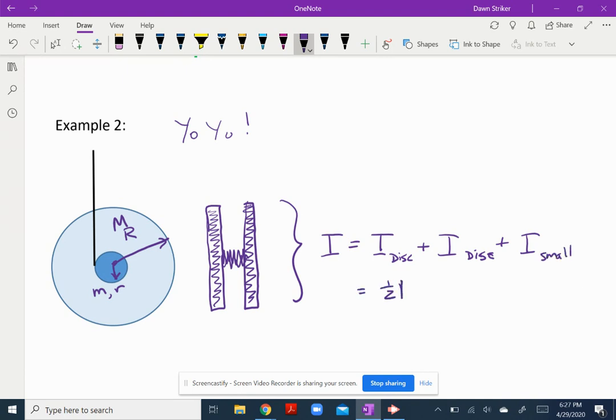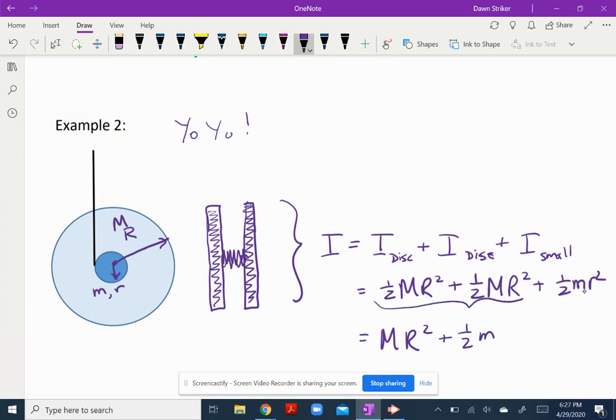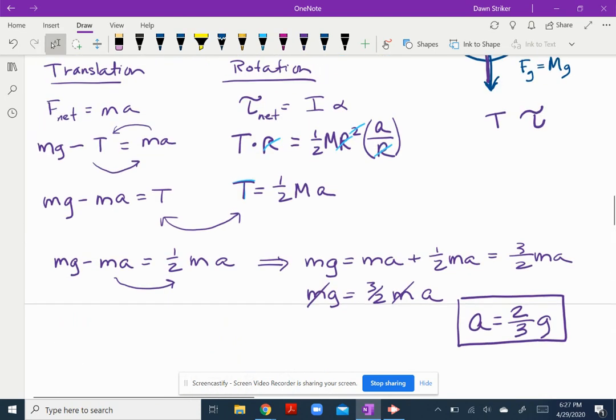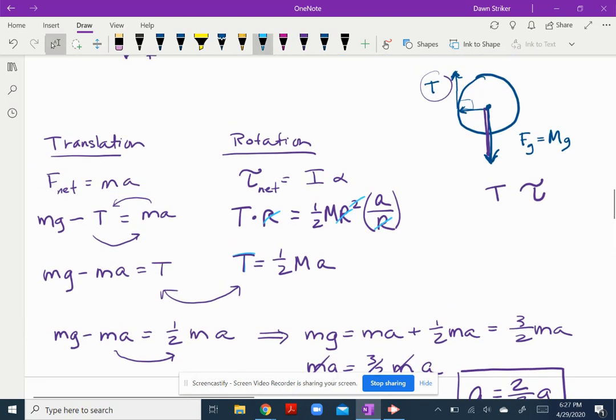So 1/2 big M R squared plus another 1/2 big M R squared plus 1/2 little m r squared. So it's going to be M R squared, adding these together, plus 1/2 little m r squared. All right. The moment of inertia is more complicated, no doubt about it. And so that will come into play in the rotation part here.